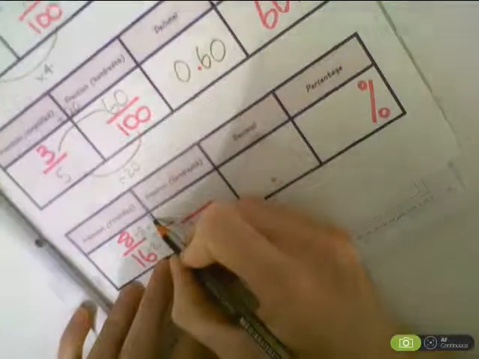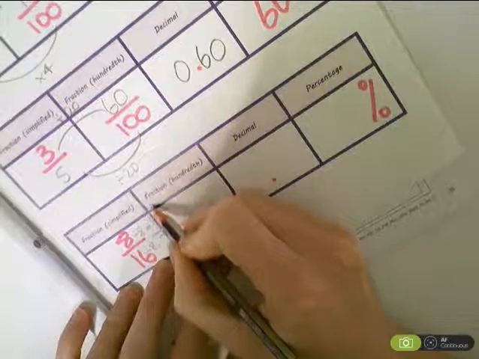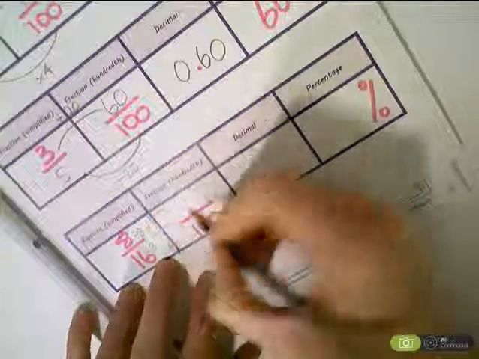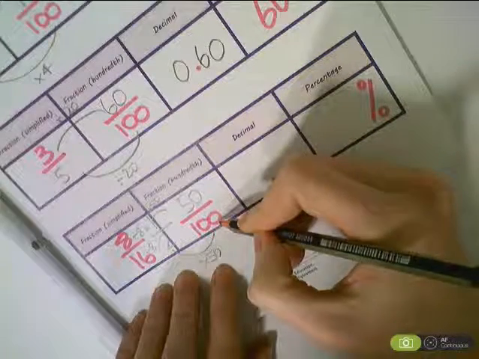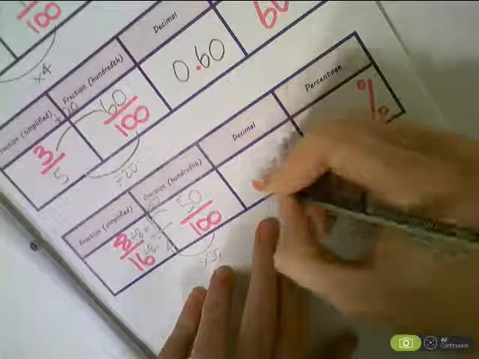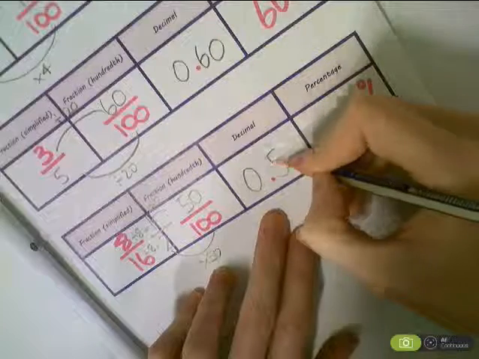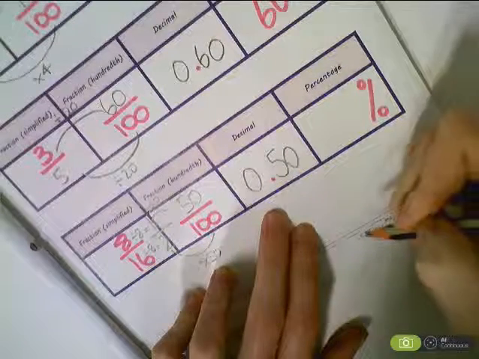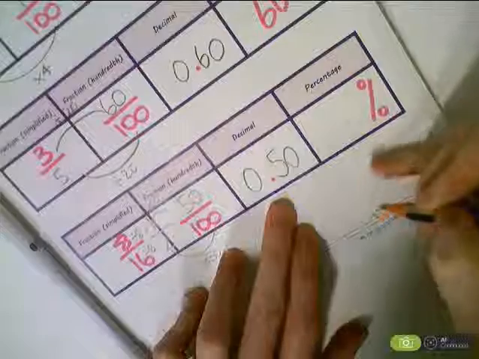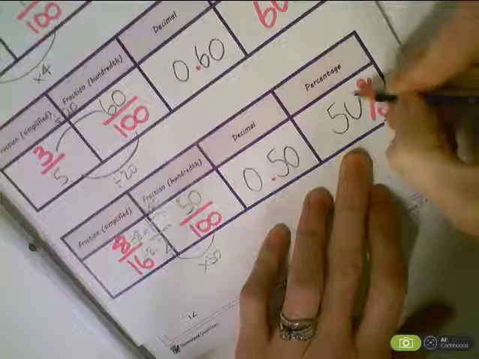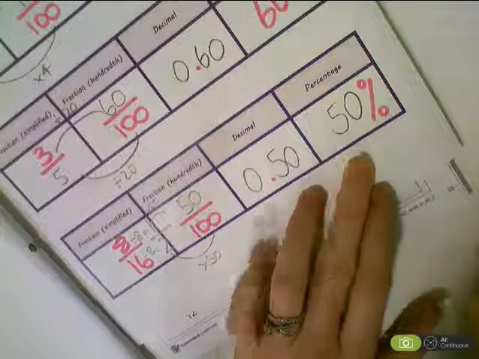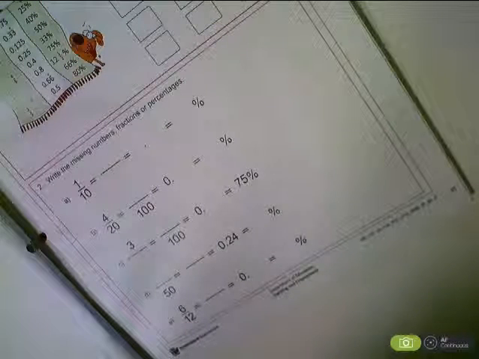So I would need to do the same to my numerator, multiply by 50. 1 multiplied by 50 is 50. So we have 50 hundredths, and then the rest of it's easy. So here I know I've got 50 hundredths represented as a decimal fraction, and my percentage will be 50%.